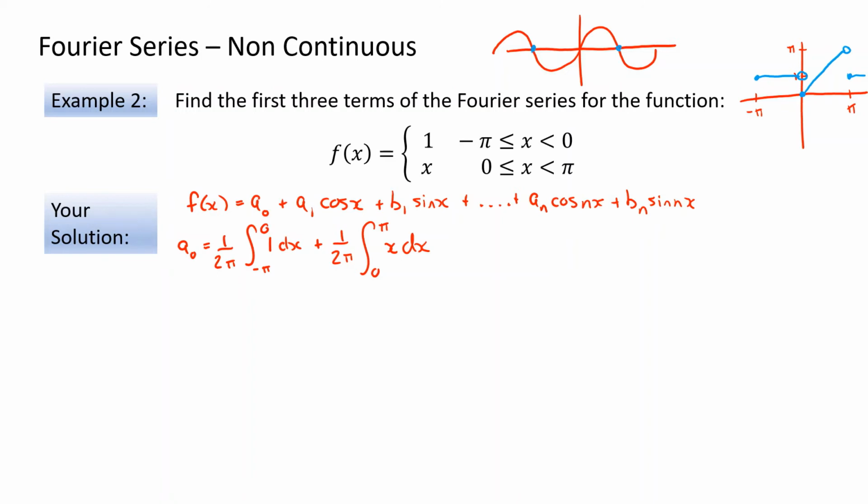So doing these integrals, you'll see, for the constant term, it's always easier because it doesn't have the sine and cosine terms attached to it. So what we get is 1 over 2 pi. The integral of 1 dx is simply x, so this becomes x, evaluated at 0 and negative pi. And the second integral, using the power rule, we get 1 over 2 pi times 1/2 x squared.